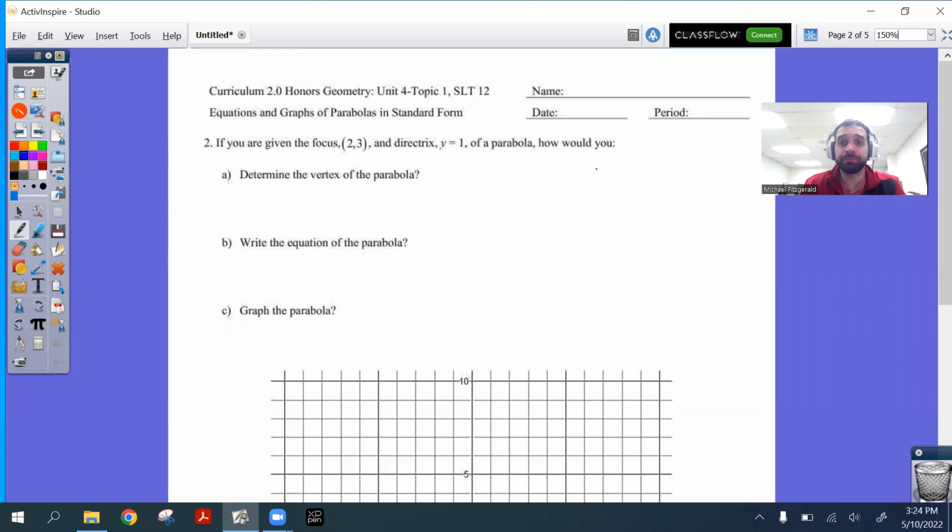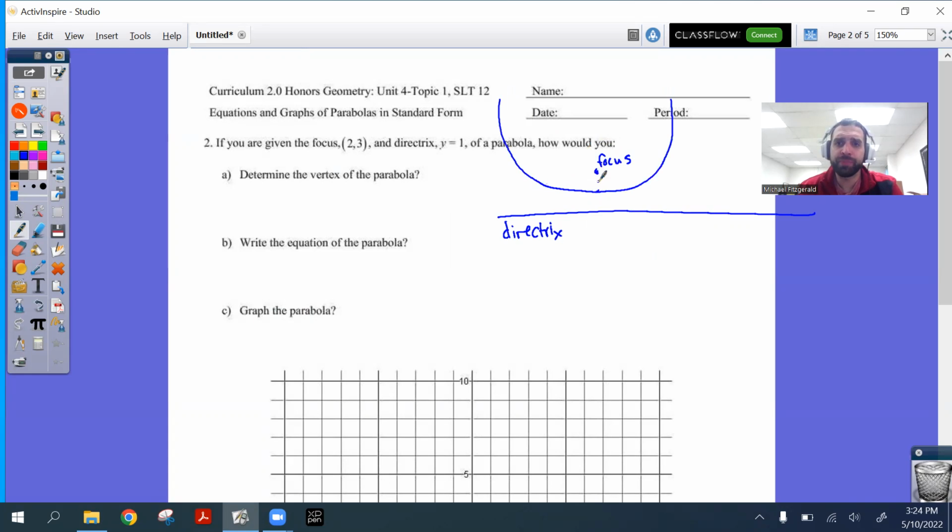If we remember the definition of a parabola, we have a line that we call the directrix, and we have a point that we call the focus. The definition of a parabola is the set of points generated such that there is a common distance to the directrix as to the focus.